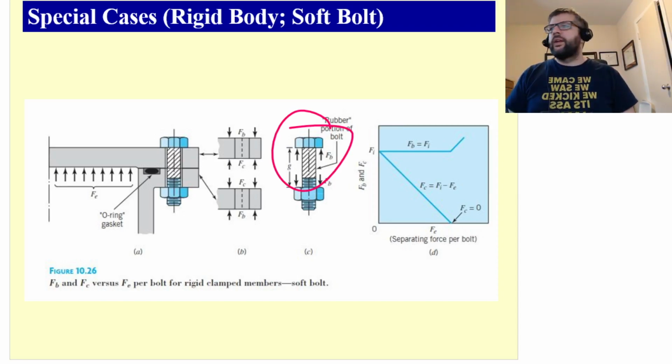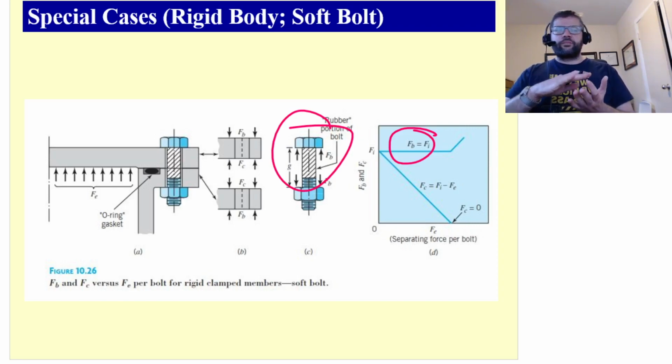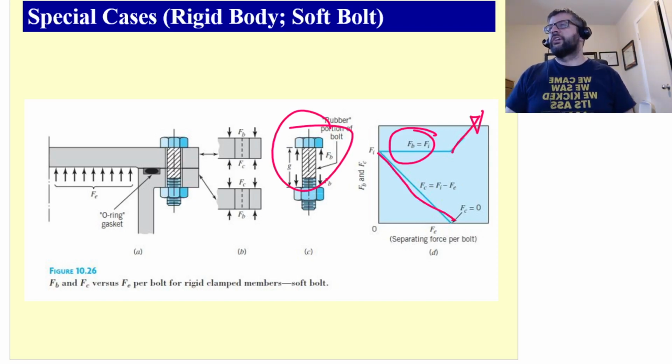As you load up, your Fb is going to stay the same, and all of the load is going to go towards decreasing the clamping of the joint, until you get to the point where there's no more clamping force left, and then after that, the load in the bolt starts to increase.